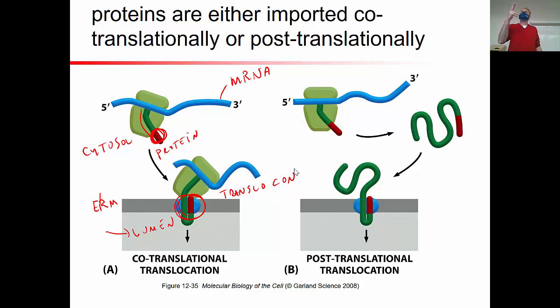In fact, that signal sequence, that little red part, is cut off. So the green part, which is the mature protein, has never touched the cytosol. That's important for later. The other way that we can do this is post-translationally, so we can build the protein, unfold it, pull it into the ER, and refold it.